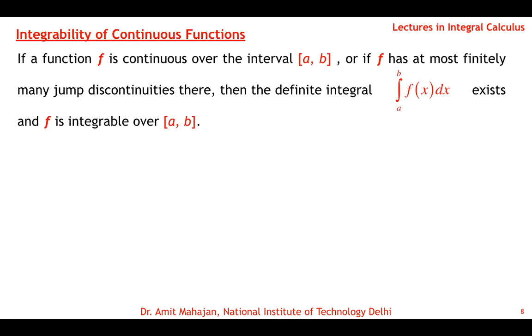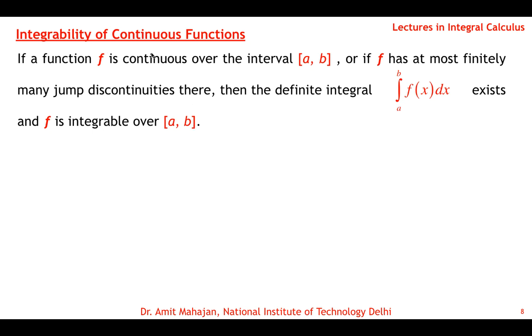For the integrability of a function, there is one important result: if a function f is continuous over the interval ab, or if function f has at most finitely many jump discontinuities there, so that means the function is continuous except at a few points where it has jump type discontinuities, then the definite integral exists and the function f is integrable over the interval ab.